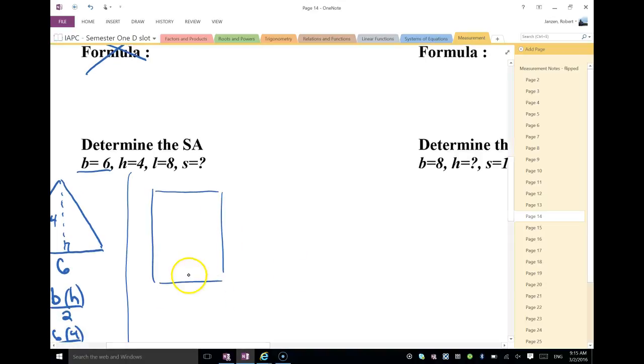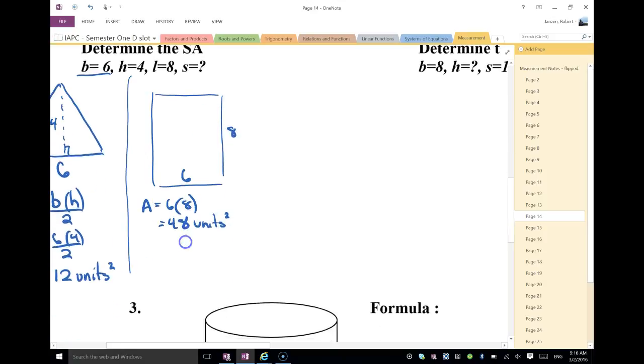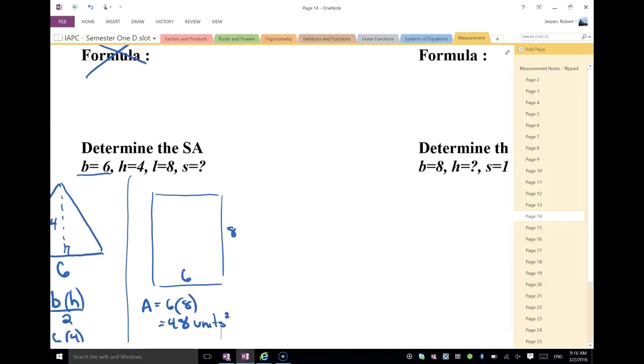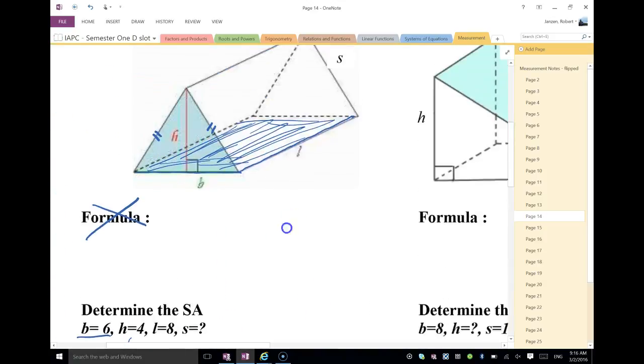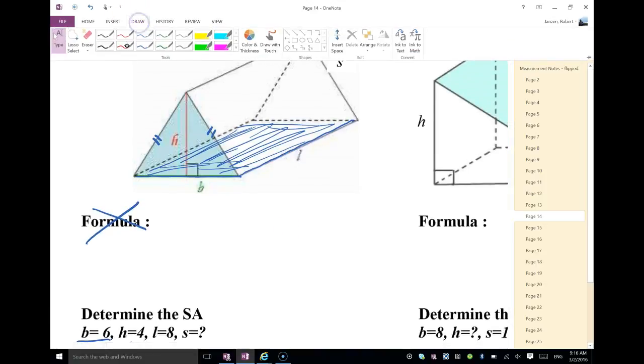It tells me that the base is 6 and the length is 8. So the area is 6 times 8, which is 48, again units squared. Did I write squared on the other one? Yeah, I did.